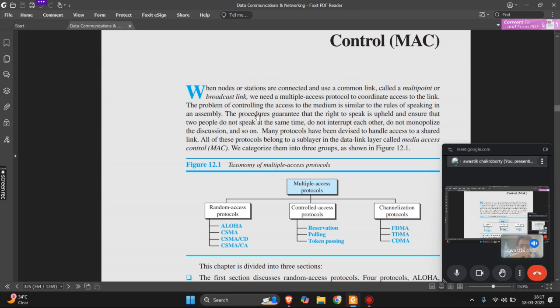When multiple nodes are connected in a particular network, all nodes cannot access the network together. All nodes cannot send their messages together because the resources in the network are limited in nature, and thus if one device has to send a lot of data, it may monopolize the resources.